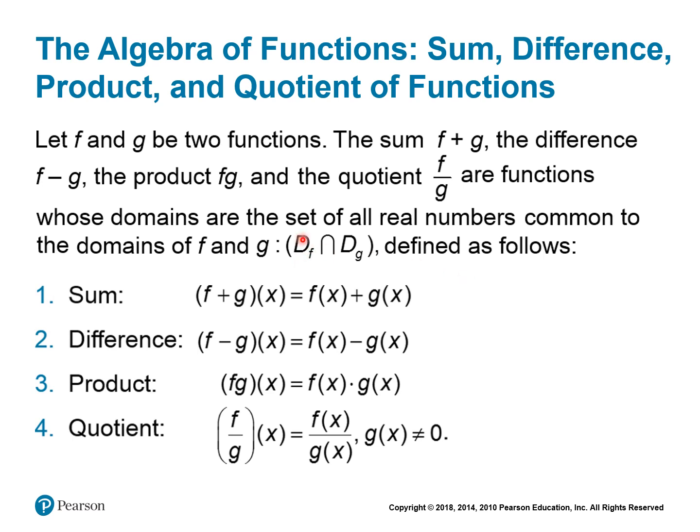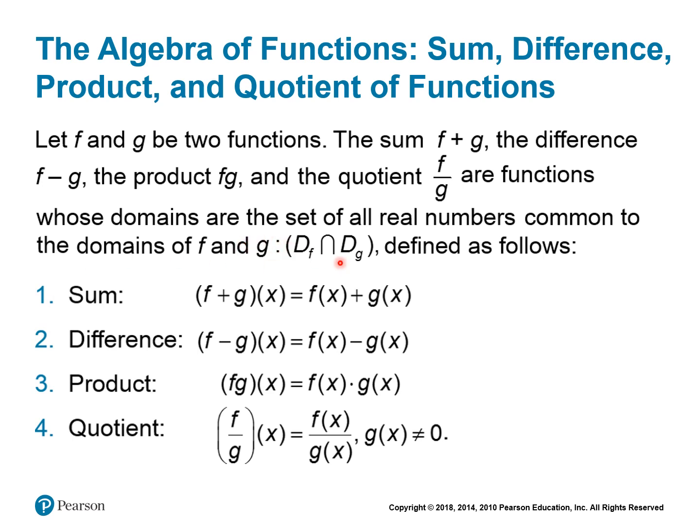In other words, we look at the domain of f of x, we look at the domain of g of x, and then we look at what is common. What is the common domain between the two? And that common domain is going to be the domain of the new function that we obtain, maybe h of x or whatever, after combining f and g.